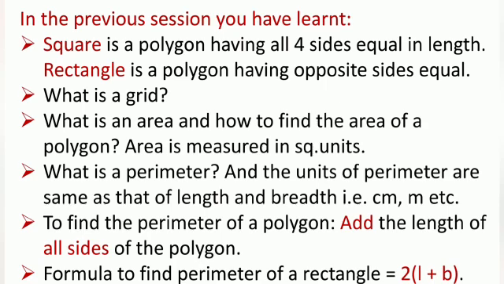And the formula to find the perimeter of a rectangle is 2 into (L plus B), where L is the length and B is the breadth of the given rectangle.